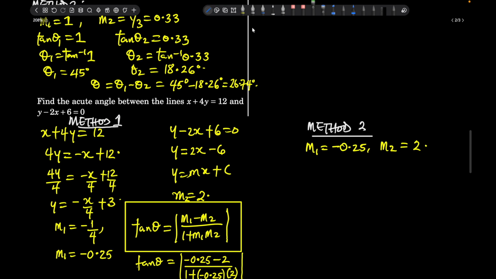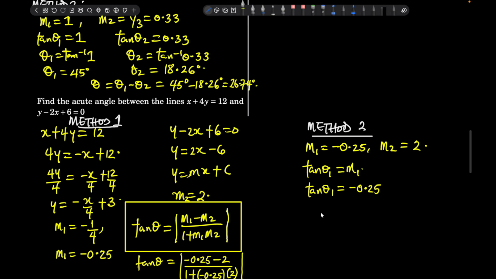So this is what you're going to do. Now, you still do your arctan the normal way. Remember that we said tan theta for the first angle is going to be equal to M1. So you have tan theta 1 is equal to minus 0.25.